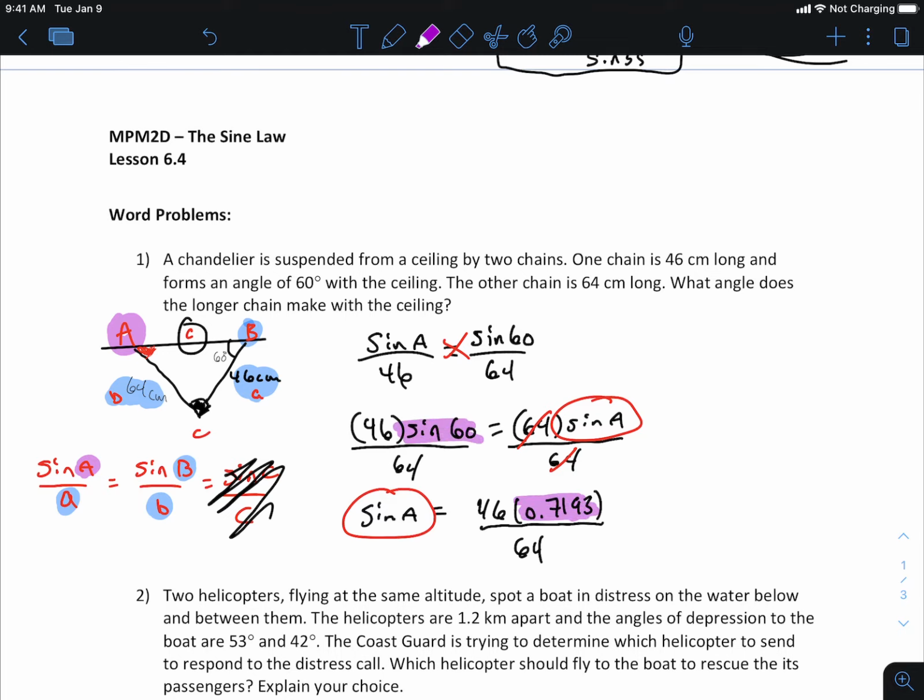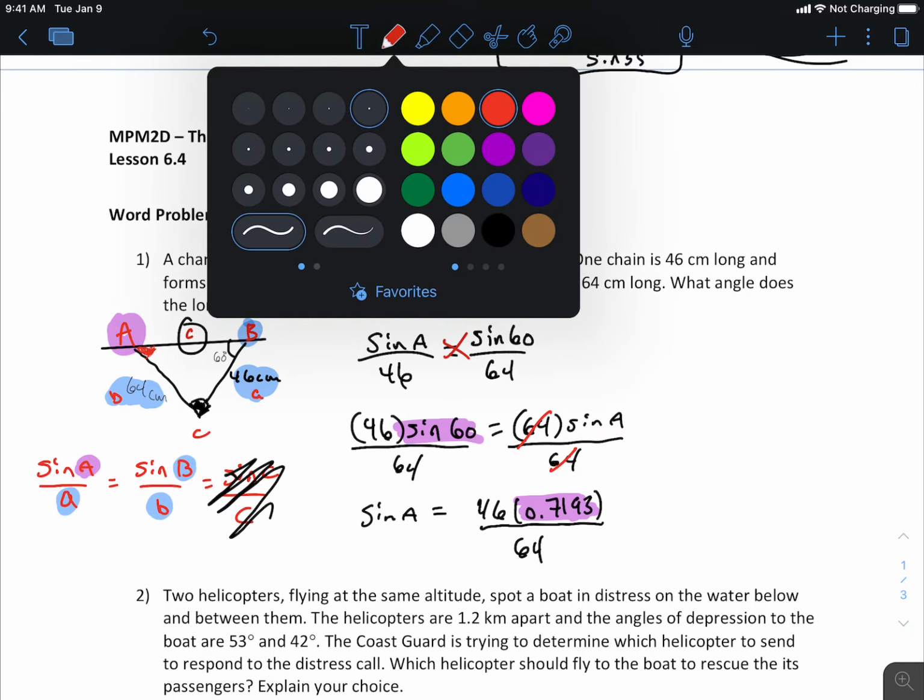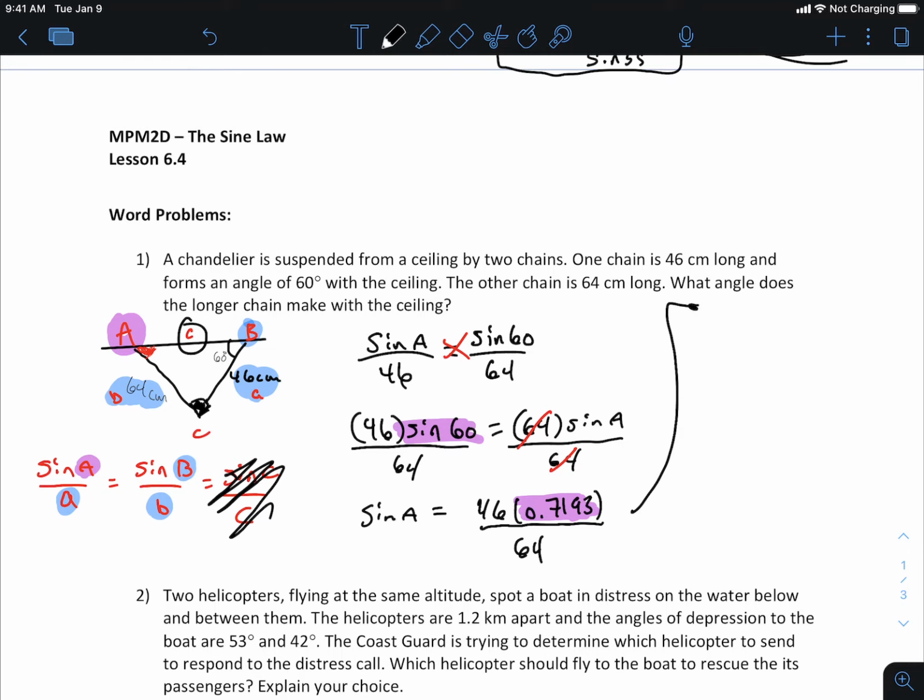Okay? So, you're just solving now. You're just gonna type this in your calculator. Does anybody have a number? I just need a decimal. You should get a decimal number, right?